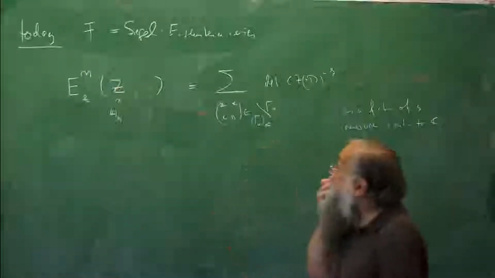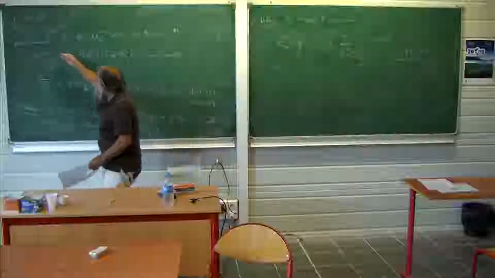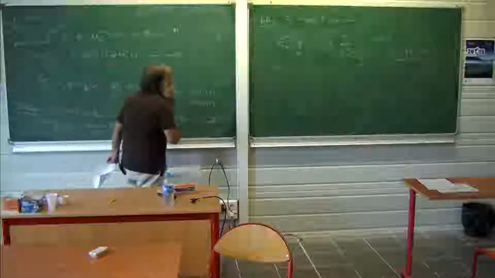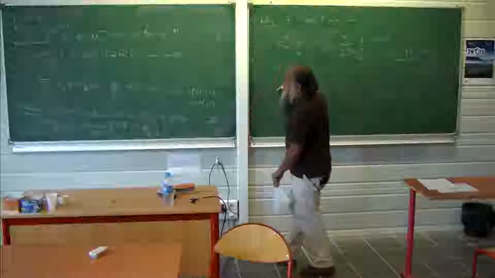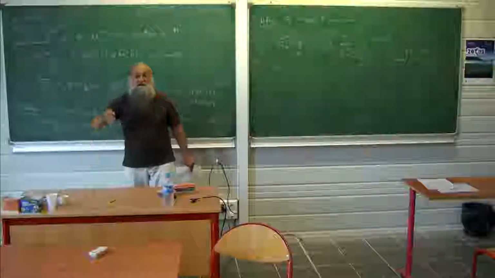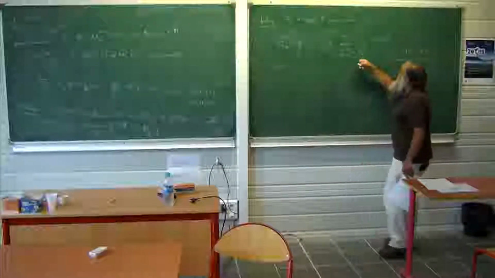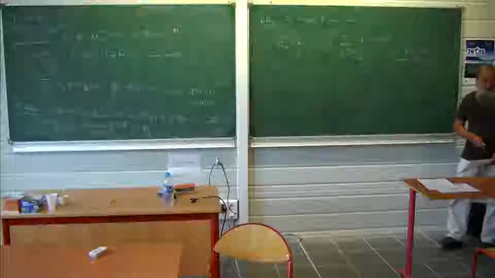So, and now let's try to look at this kind of problem. What is specific about the Eisenstein series? The Eisenstein series is not just capital F, but it has been constructed by these summation over these cosets.